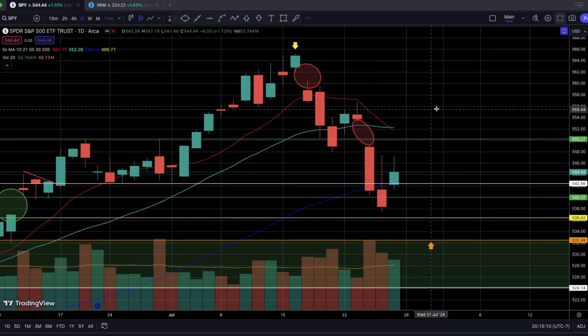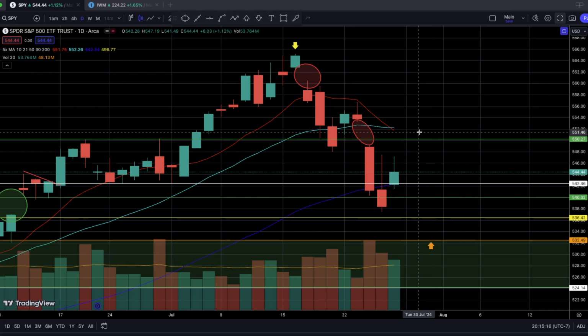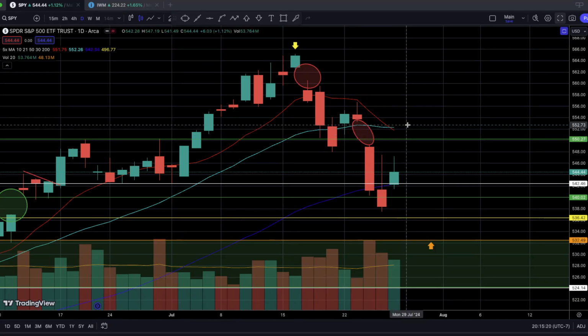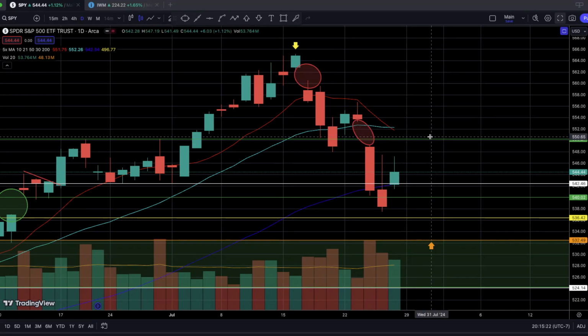So for the S&P 500, as long as we're able to go back over to retest 550, I'll be completely fine. And if we don't decide to fill in this gap, I would be happy with the 550 retest because we would have at least a 10 to 15% fill of this gap down area, right?